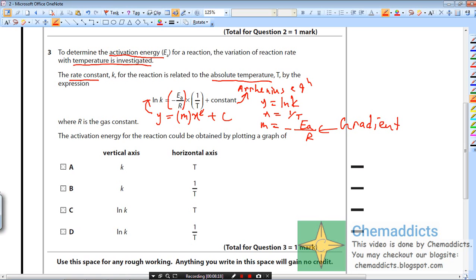Since this is the equation for the straight line, m is the gradient, so this whole thing should be the gradient. Here is one thing that we need to know: we have introduced ln on both sides in the Arrhenius equation to make it a straight line.